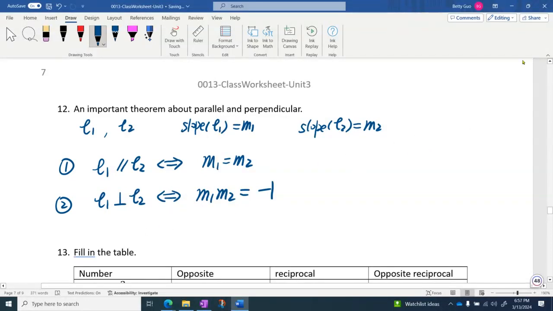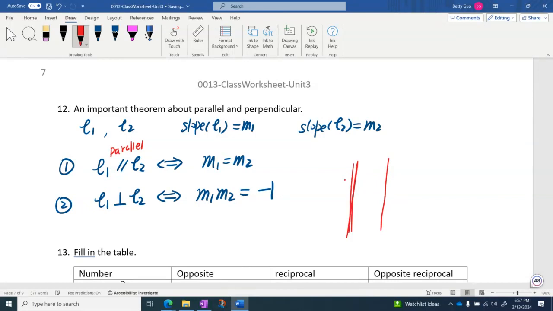Let me explain. The first conclusion is about parallel. You see this notation? This notation means parallel. When we drive on the road, let's say the road is straight, not curved, and the white line or the yellow line frames the lane.